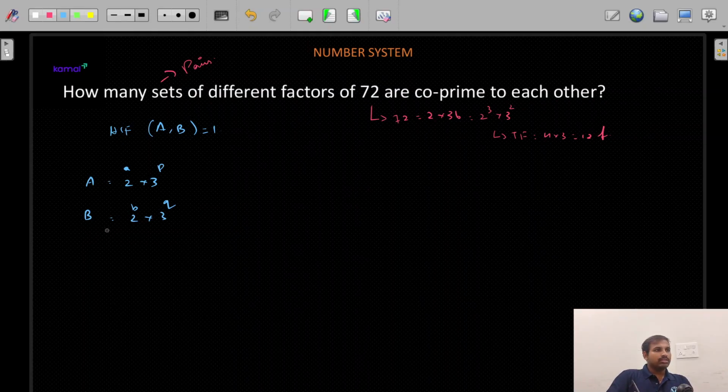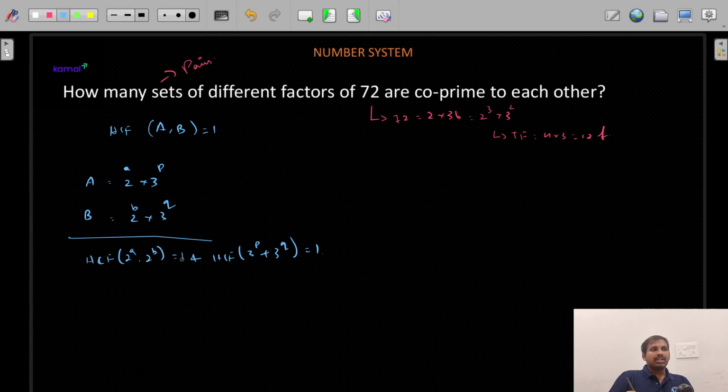Now, I have to identify such that the highest common factor of 2 power a, comma 2 power b should be 1, and the highest common factor of 3 power p and 3 power q should be 1. Because if the highest common factor is 1, here the two numbers are made by only two prime bases.